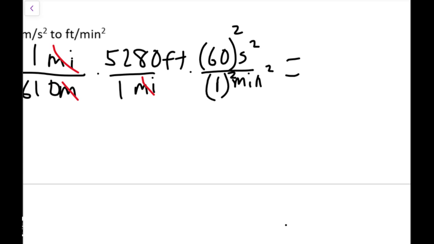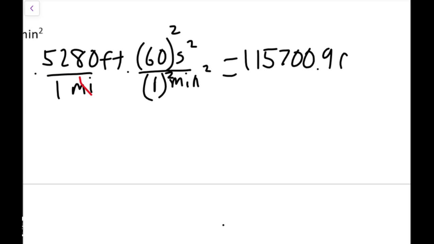And then I divide by the 1,610, and you're left with 115,700.9 feet per minute squared.